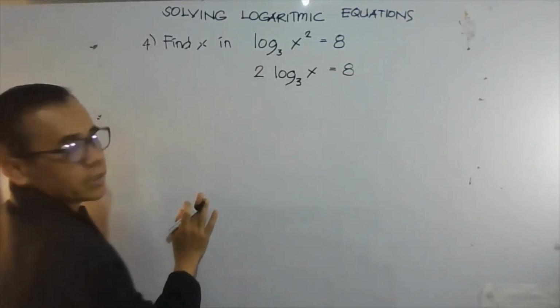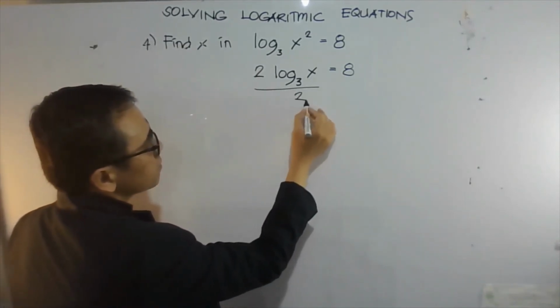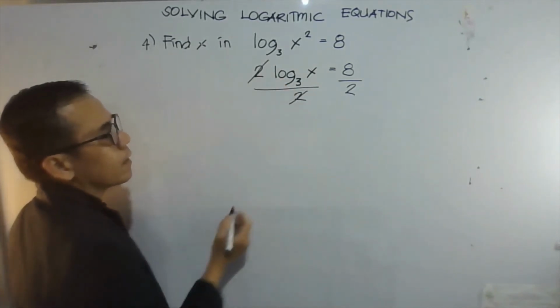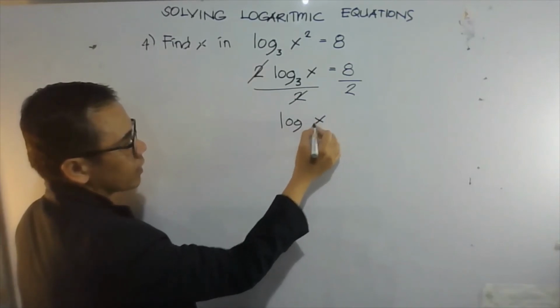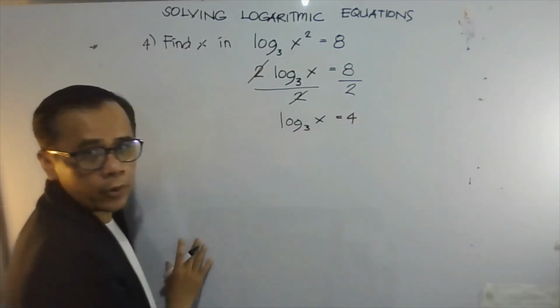Let's divide both sides by 2. We can eliminate 2 here, and what remains is the log of x base 3 is equal now to 4.